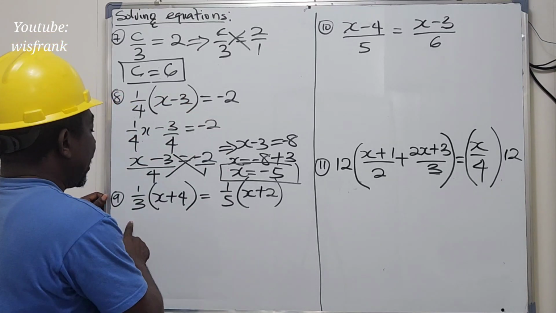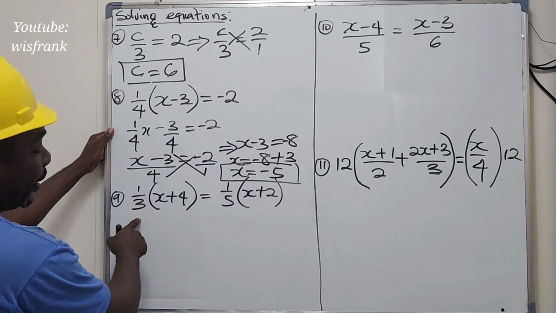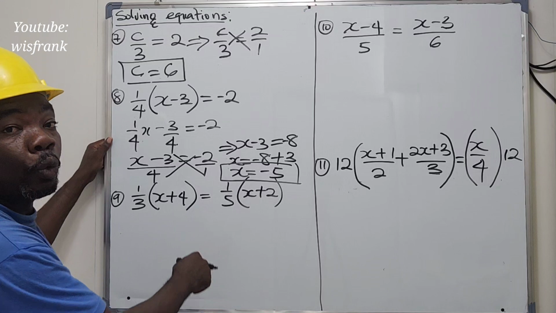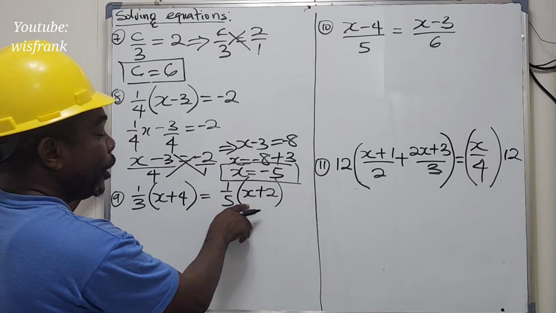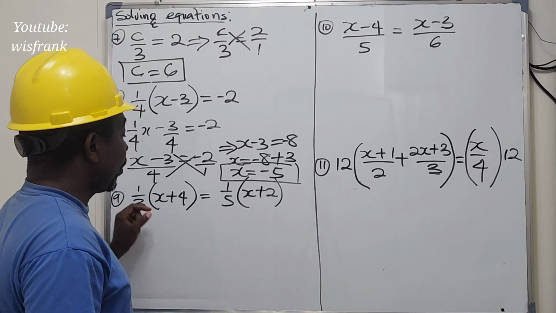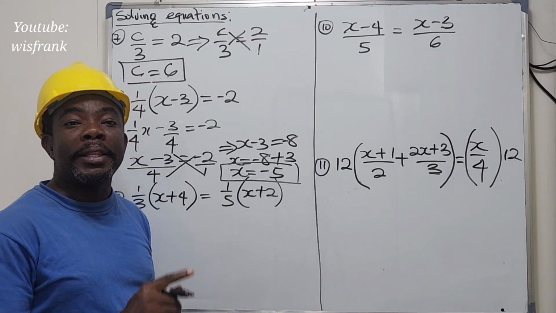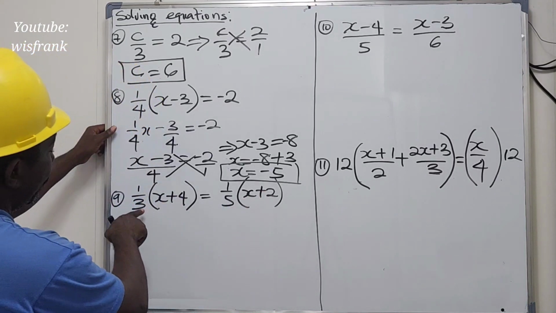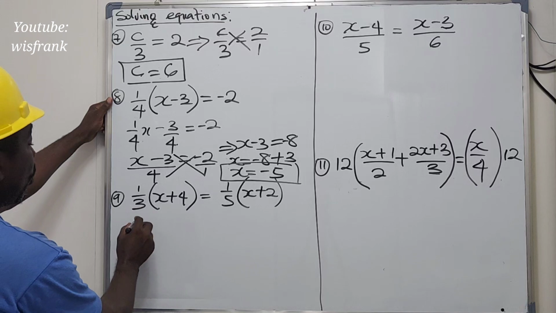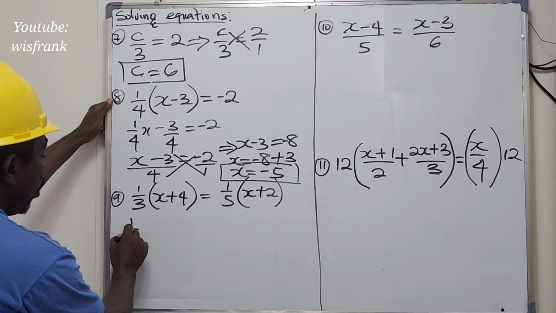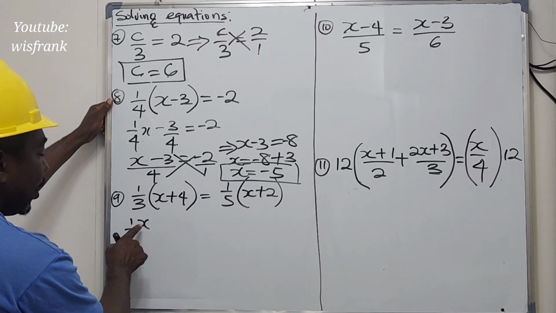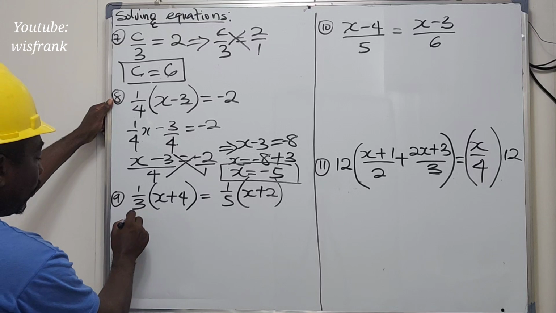So the next one, number 9, which is 1 all over 3 into x plus 4 equals 1 all over 5 into x plus 2. So as I said before, when you have a parenthesis, you need to clear the parenthesis first. So this will become 1 all over 3 times x will give us 1 all over 3x. You can write it x all over 3.